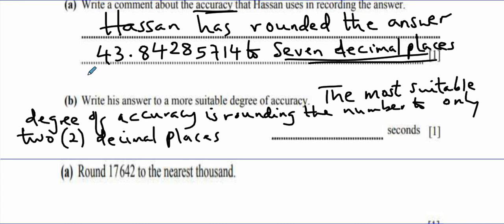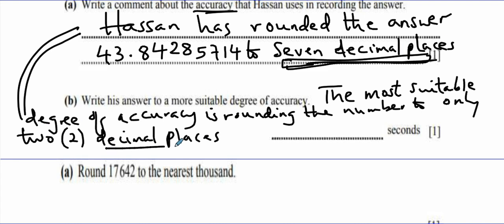So let me link my answer to this part. I answered this question using the concept of decimal places and not significant figures. So even in part B, I should go for decimal places. Write his answer to a more suitable degree of accuracy. What we do, we make this answer at least to have 3 decimal places.